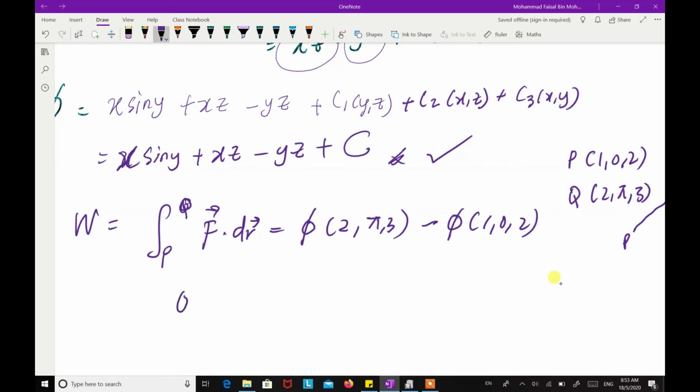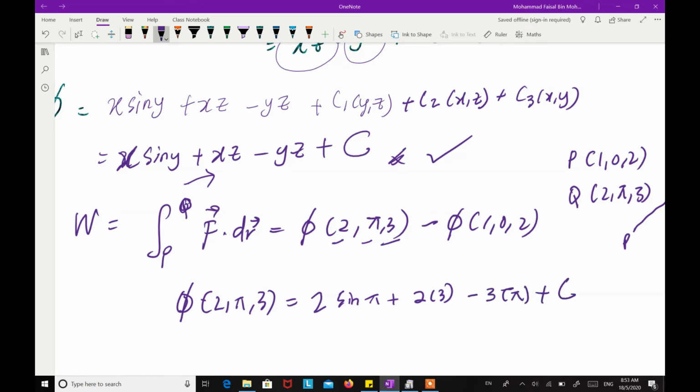Then we have phi at (2, pi, 3). x is 2, y is pi, z is 3, so 2 sine pi plus 2 times 3, minus 3 pi plus c.